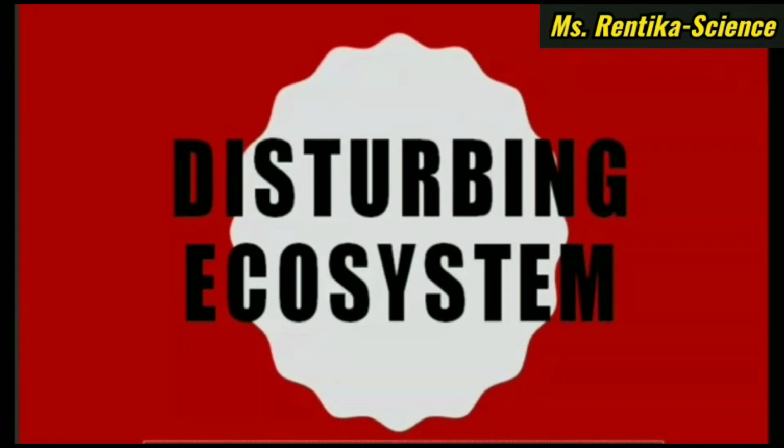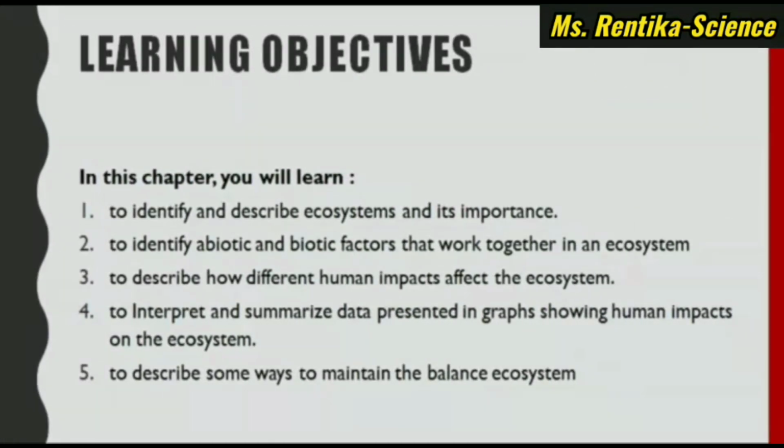Okay, so today we are going to learn about the next subtopic, that is disturbing ecosystems. For the learning objectives, you will learn to: number 1, identify and describe ecosystems and their importance. 2, identify abiotic and biotic factors that work together in an ecosystem. 3, describe how different human impacts affect the ecosystem. 4, interpret and summarize data presented in graphs showing human impacts on the ecosystem.